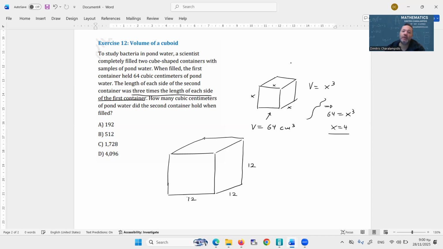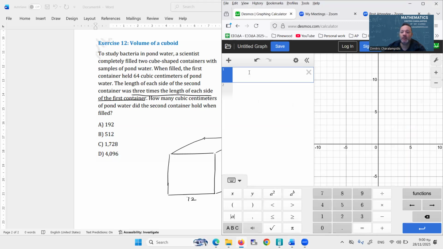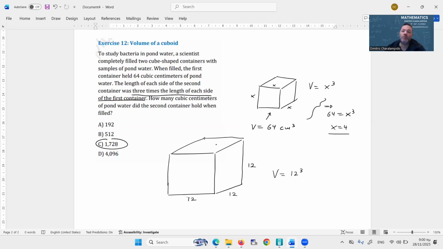And therefore, its volume would have been 12 cubed. Now, if I use Desmos for that, let's do 12 times 12 times 12. It's going to be 1728, which means that the right answer for this specific question is C.